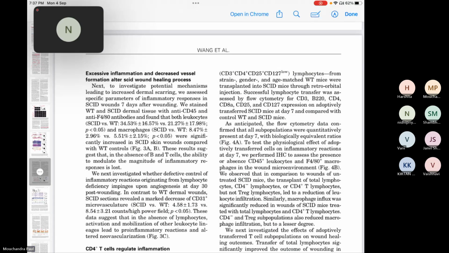Now, we also looked at the level of inflammation, how much inflammation is going on in SCID mice, as well as whether or not new blood vessels are forming in the wound area. New blood vessels form through angiogenesis.